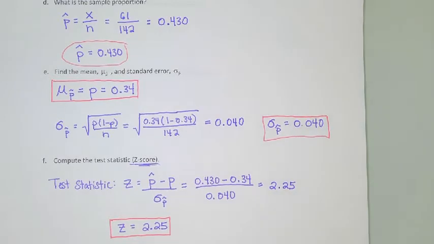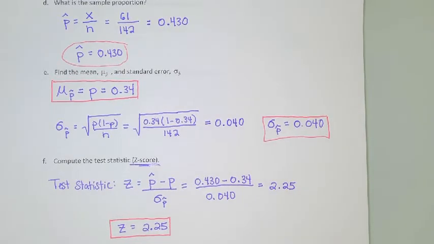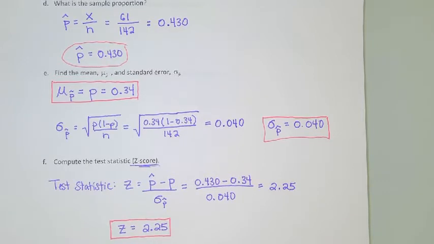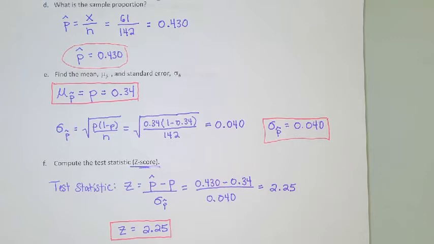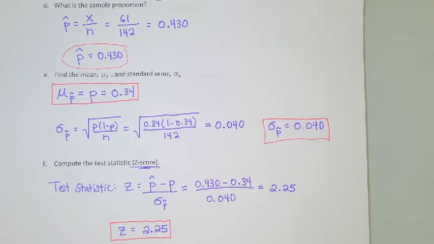To see if the sample data is unusual enough, we have to actually calculate what's called the p-value. The p-value measures the strength of our evidence.